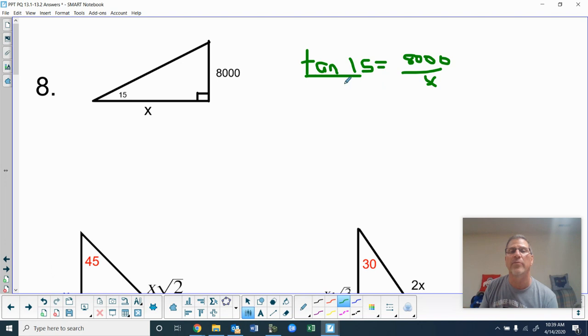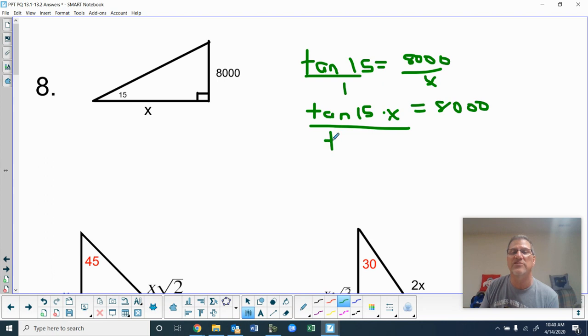Again, if you make a proportion and cross multiply, you're going to get tangent of 15 times x equals 1 times 8,000. To solve for x, you're going to have to divide by the tangent of 15. So this had an extra step compared to number 7.